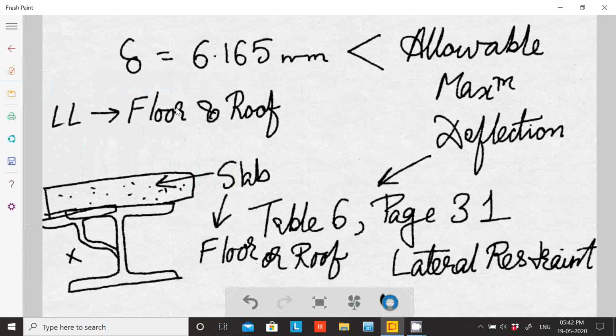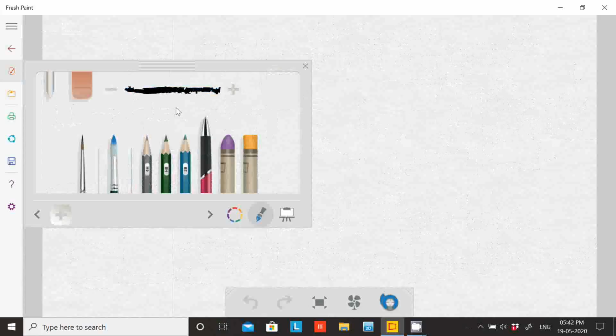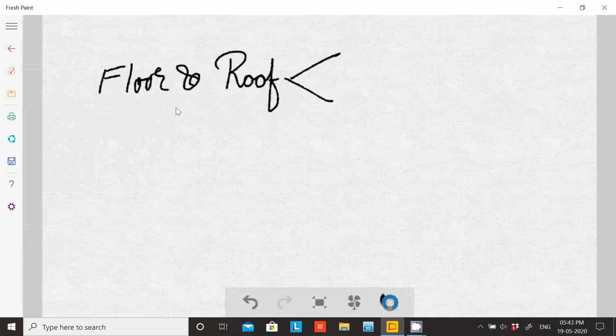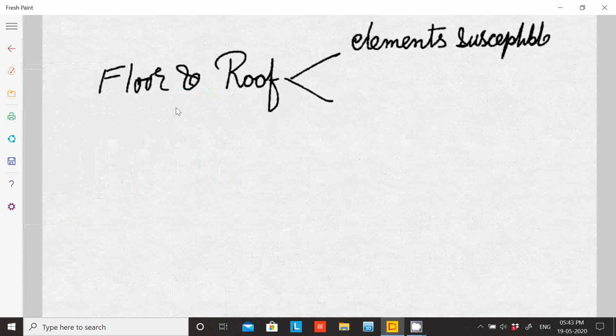Now here again there are options for floor and roof: elements susceptible to cracking and elements not susceptible to cracking.